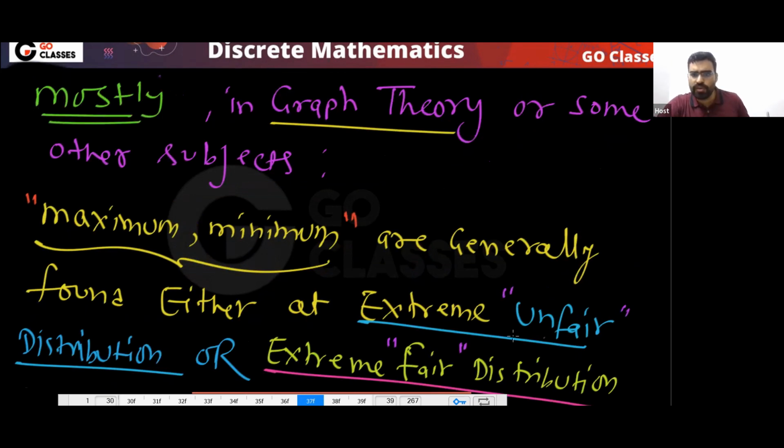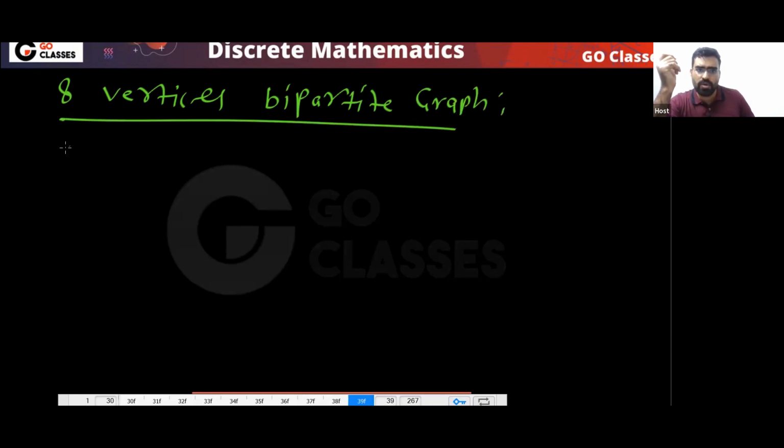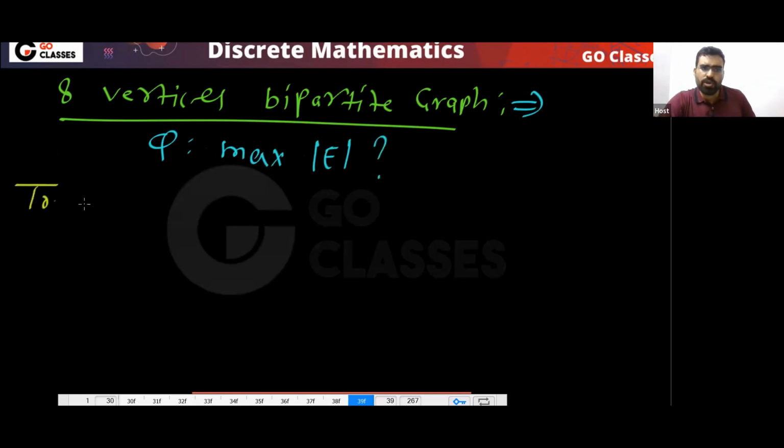Either you do fair distribution or you do unfair distribution. So you have to check corner cases. For example, if I give you a bipartite graph with 8 vertices, and our question is to get the maximum number of edges, what do you have to check?